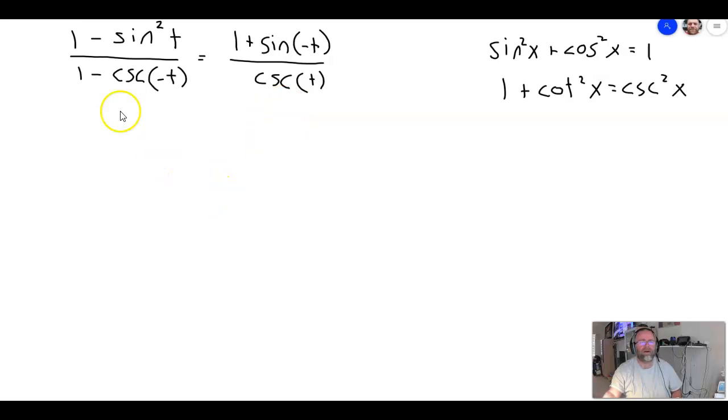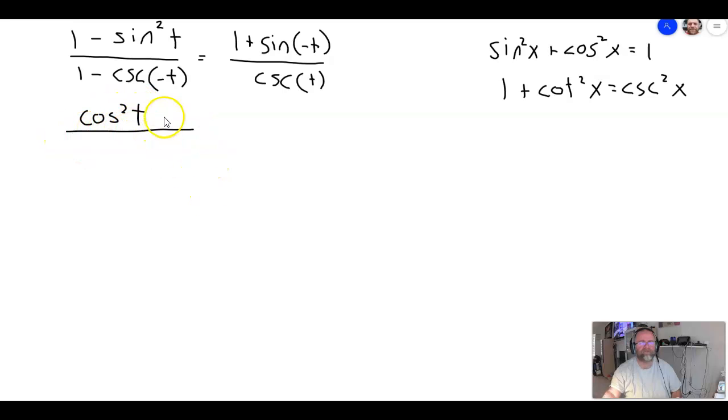All right, so first of all, let's simplify this. So 1 minus sine squared of t, if you just subtract the sine squared of x from both sides, you'll get cosine squared of x is equal to 1 minus sine squared of x. So we can replace this top one here with cosine squared of t on the top.